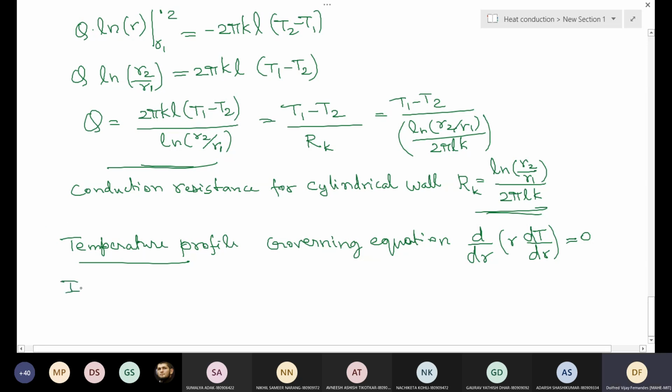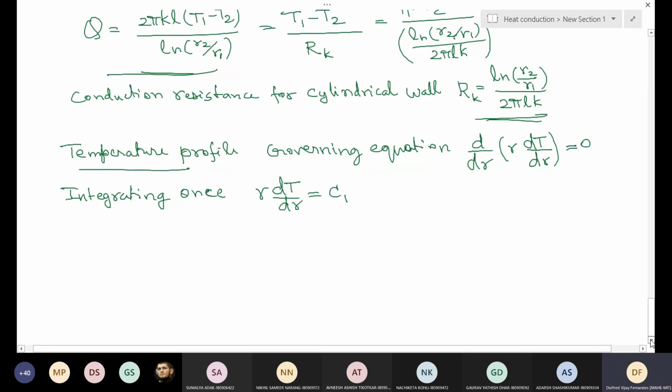Now integrating once, tell me, what do you get? If you integrate once, r dt by dr equal to some integration constant C1 on the right hand side. Now before integrating again, you take this r to the right hand side and write dt by dr equal to C1 over r.